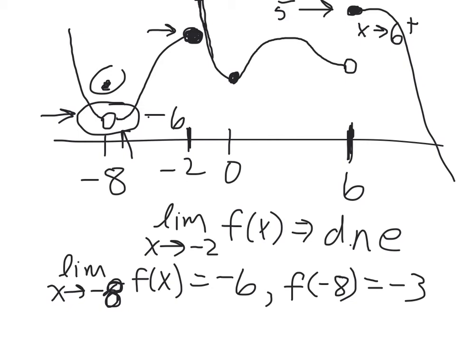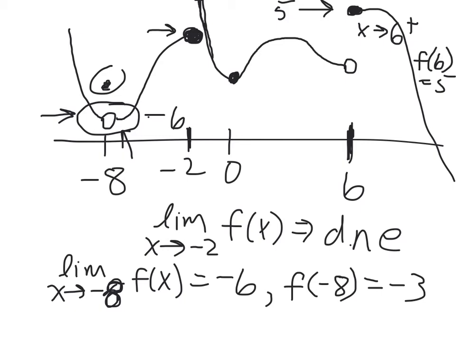The limit as x approaches 6 from the right would equal 5, which, because of the solid dot, is also actually the function value when x equals 6. So that solid dot tells us a couple things, function value and the limit from the right.